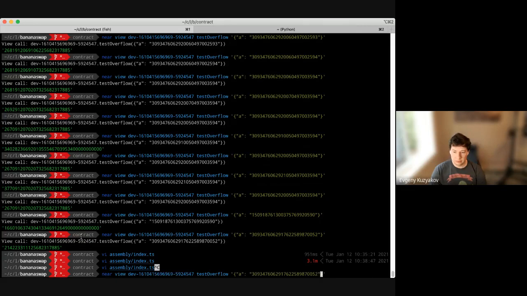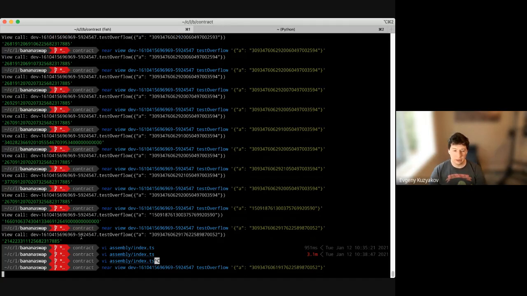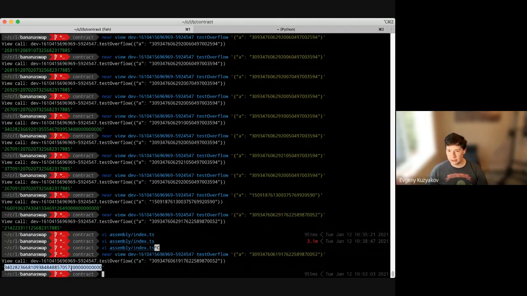So from the price of a ridiculous number to something that overflows to a very low number. So now I can drain the entire balance back without paying for this. So I can basically now drain my funds and the pool funds without paying in bananas for this.